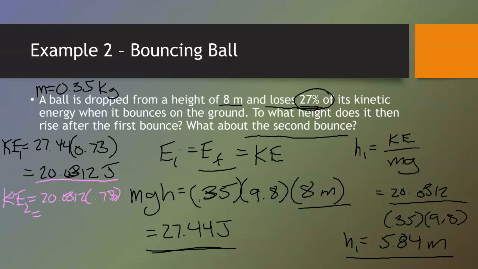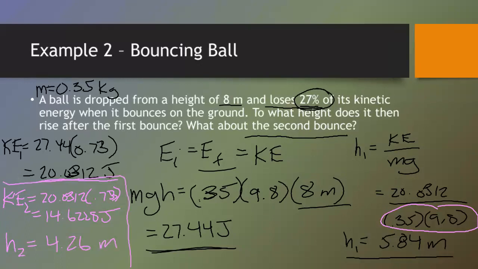And that leaves us with 14.6228 joules. So this is after the second bounce. And then if we divide by 0.35 times 9.8, we'll find that the height after the second bounce is 4.26 meters.